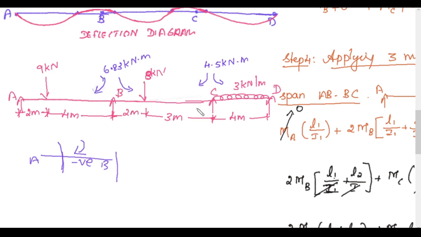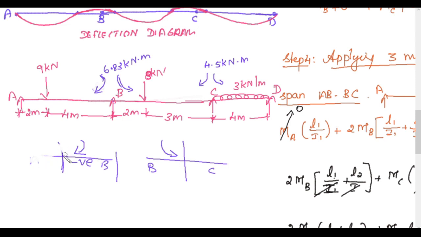And in the span BC, when you consider the section, the left anti-clockwise is taken as negative. So here it is anti-clockwise. If it is 6.83, it automatically means it is a negative bending moment, so you will get negative bending moments.